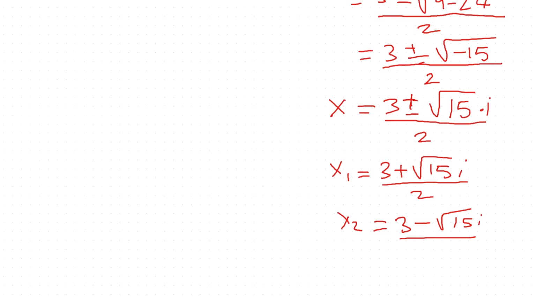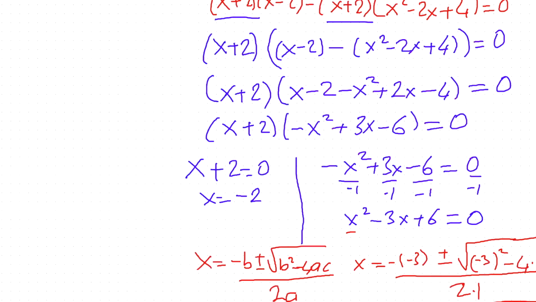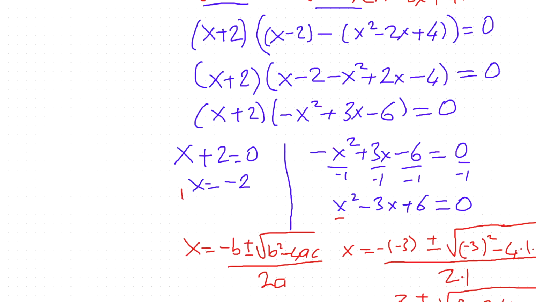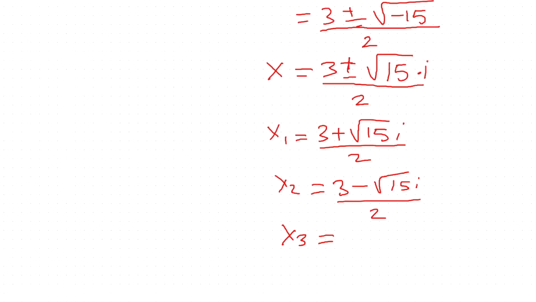So the third solution, actually it was the first solution we found, but I will just put it as third. Remember, it was here. It's going to be negative 2. Let me write this better, negative 2. So we have found 3 solutions for this problem.